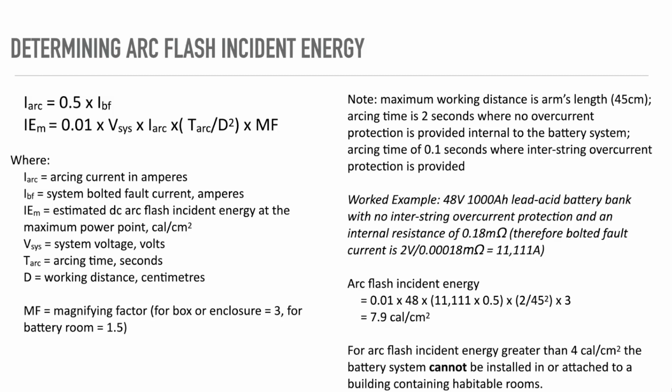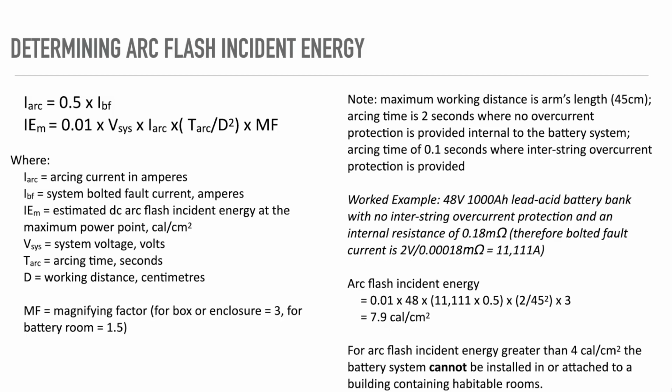The arcing current is listed as half the bolted fault current. The reason it's half is because the internal resistance of the battery is taking half of that energy. The arcing time, and this is a big one: if you don't have any internal overcurrent protection, the arcing time in the standard is deemed to be 2 seconds, which really, really increases the arc flash incident energy.